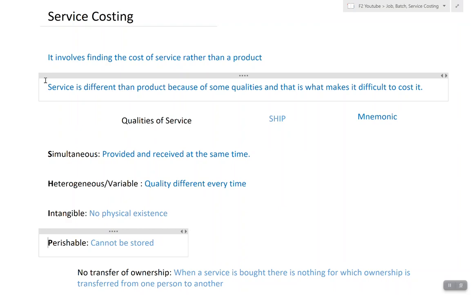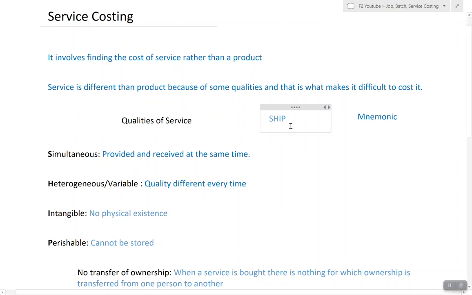But we are not talking about that. Here we are talking about how services are costed and the general qualities of service. It has 4 qualities. You can remember the mnemonic SHIP if you want to memorize it, but I don't recommend it.